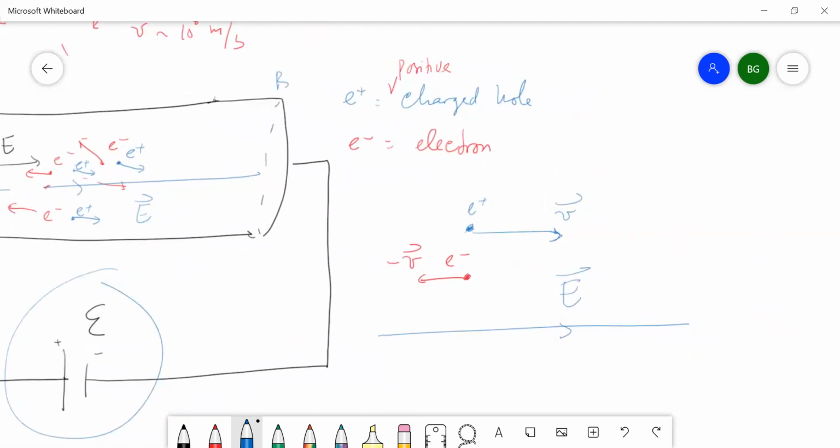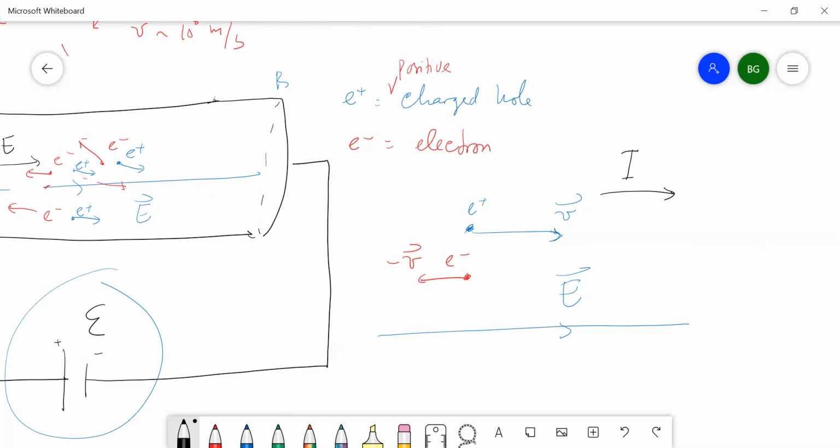So this positive charge here will be the direction of the current, not the electron. Any question? No? I don't think so.